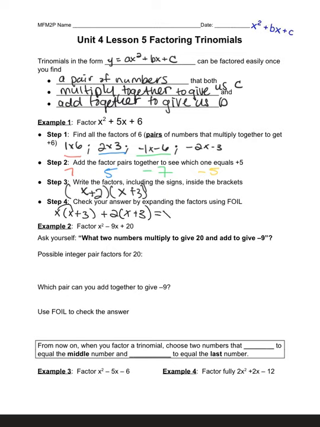X times x is x squared, x times 3 is 3x, 2 times x is 2x, 2 times 3 is 6. 3x plus 2x, that gives us 5x, plus 6. And notice that this check has worked because I get the equation that I started with. So nice little math smiley face.